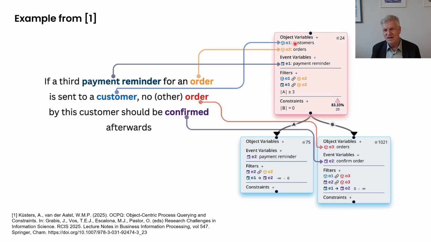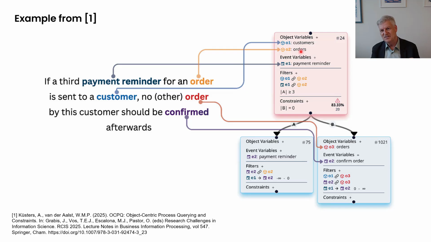So O1 is an object referring to an arbitrary customer. O2 is a variable for an object referring to any order. Then we have an event variable, E1, referring to payment reminder. And then we set the filters, because these things now need to be combined. There is an O2O relationship between customer and order.